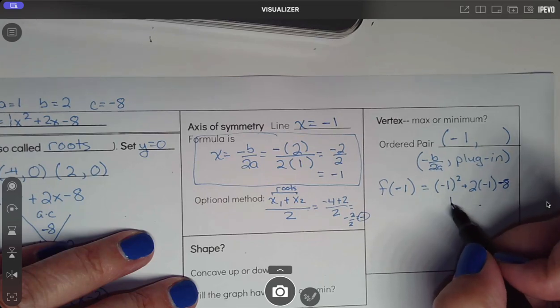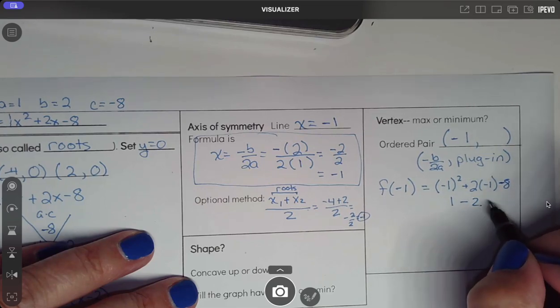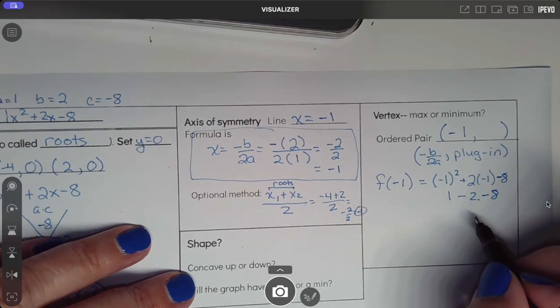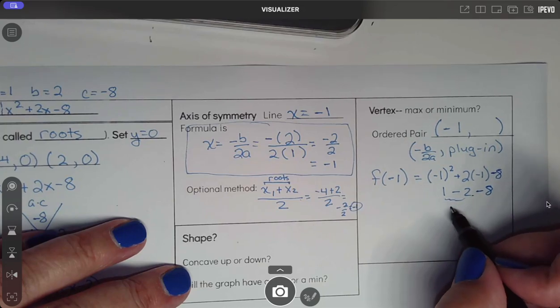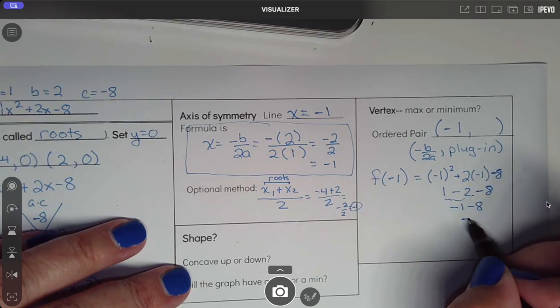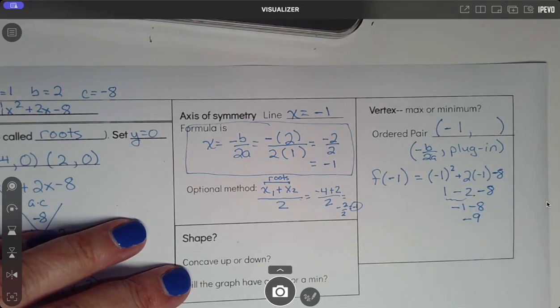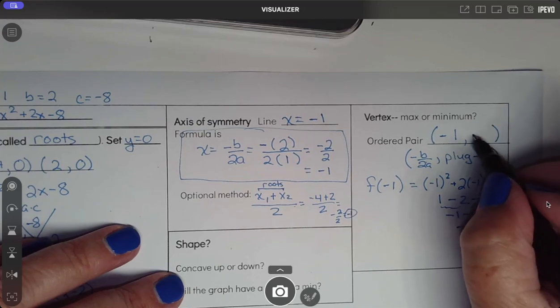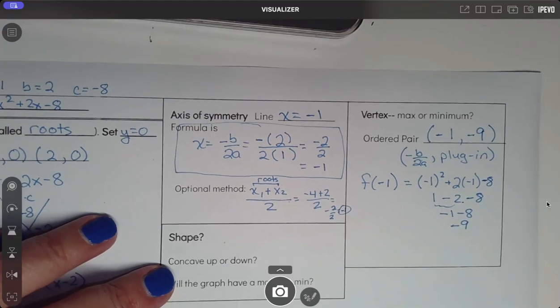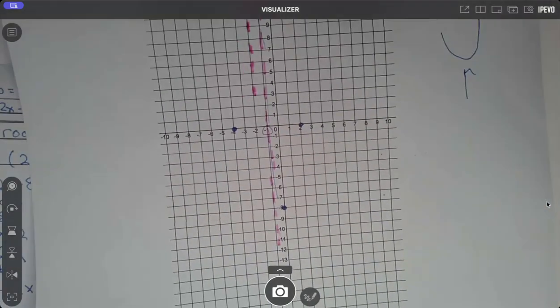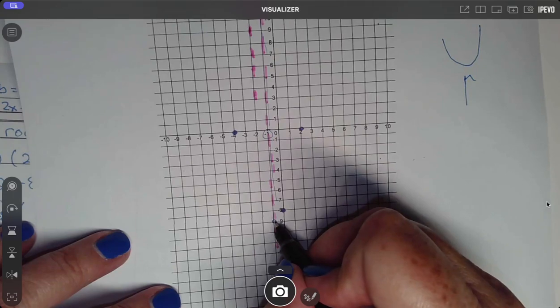Negative 1 squared is 1, that's minus 2 minus 8, and these come together to be negative 1 minus 8, negative 9. So my ordered pair is negative 1, negative 9, and that is my vertex.